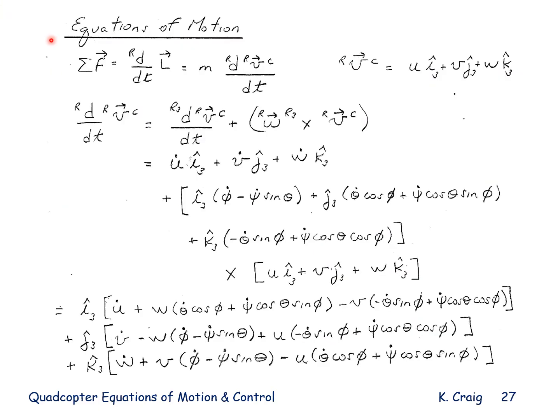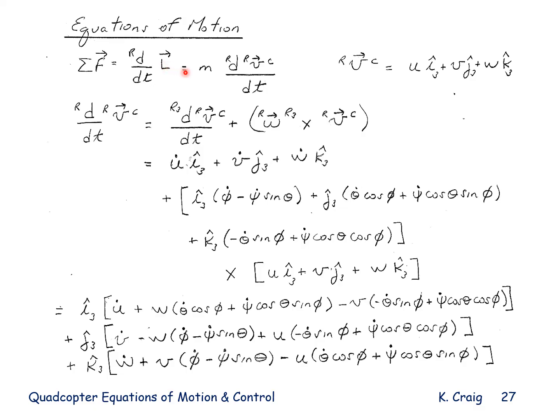The translational equations of motion are given by this expression. The summation of all the external forces acting on the quadcopter from the environment, and these are contact forces and forces that act at a distance, equals the derivative in the inertial reference frame R of the absolute linear momentum of the quadcopter.